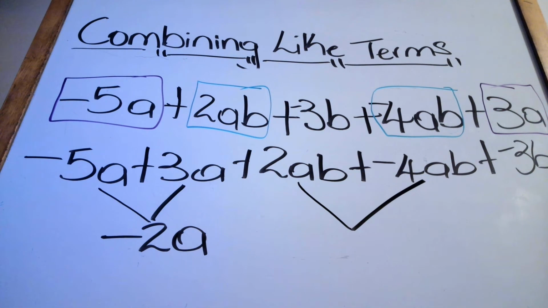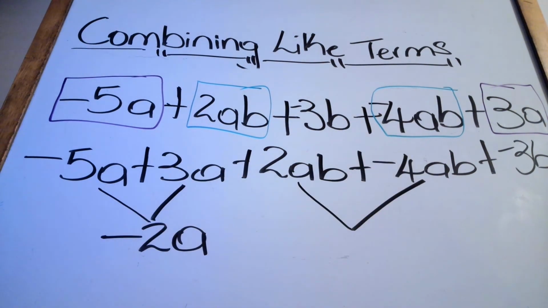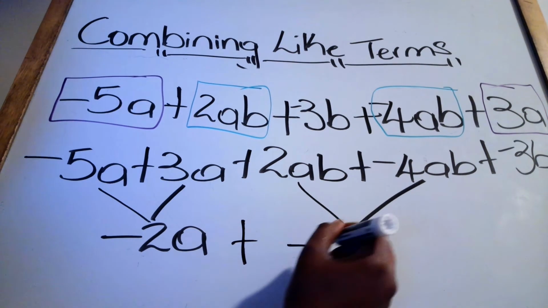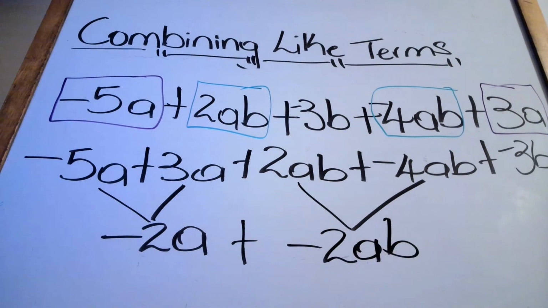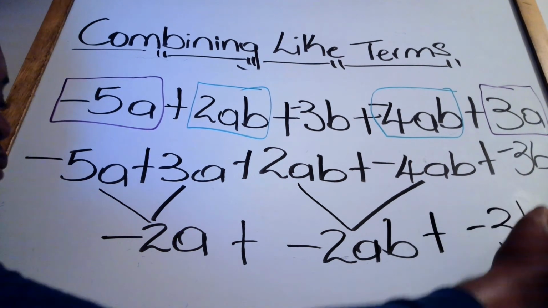2a plus negative 4. Signs are different. 2ab plus negative 4ab. Positive, negative. Signs are different. We subtract and we keep the sign of the bigger number. So that's negative 2ab. And 3b stands by itself, so that's plus negative 3b.